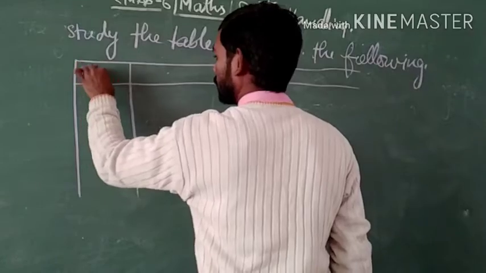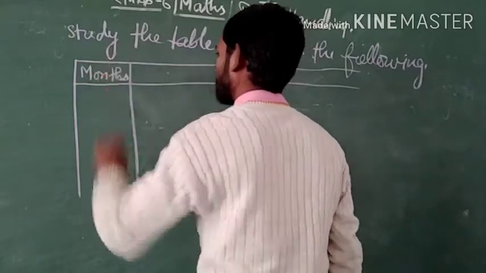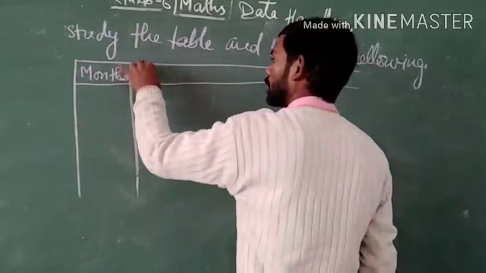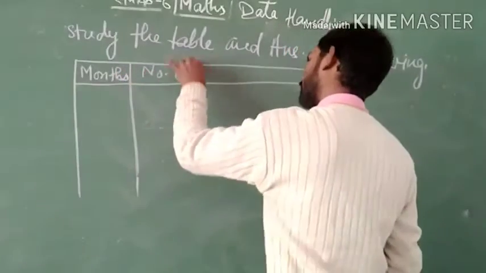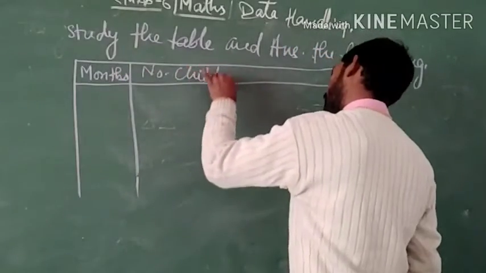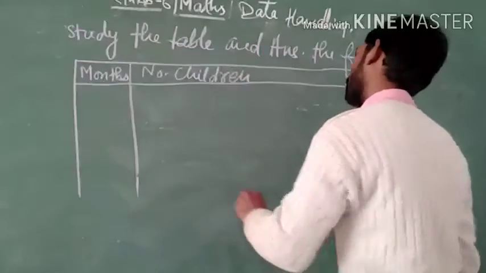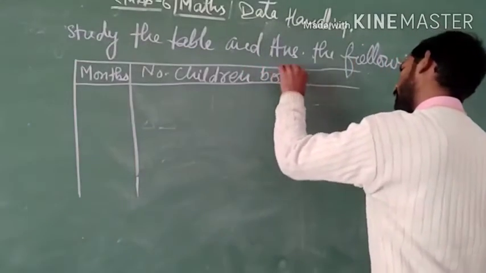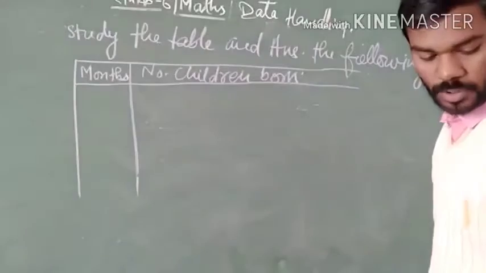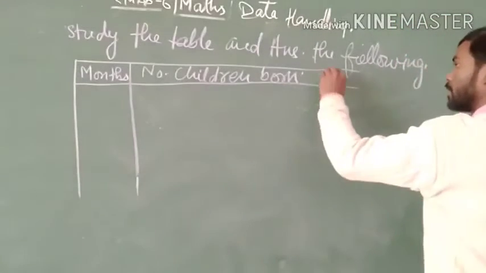Month, number of children born, and the scale is given.